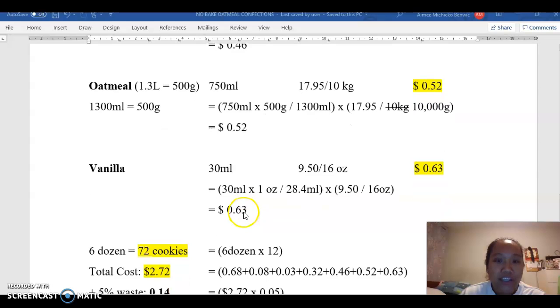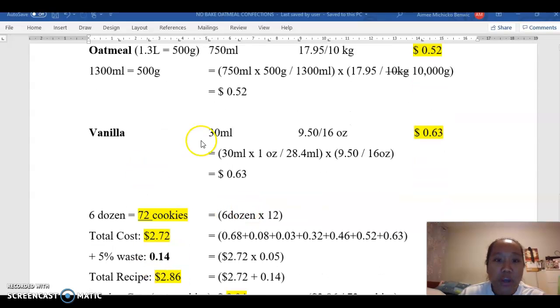For the vanilla, next ingredient, same way. We have ml here and we're going to go to ounces. So 30 ml multiplied by, from our previous conversion lecture, there's 28.4 ml in 1 ounce. We can cancel the ml and then we are left with ounce, so we can move forward.